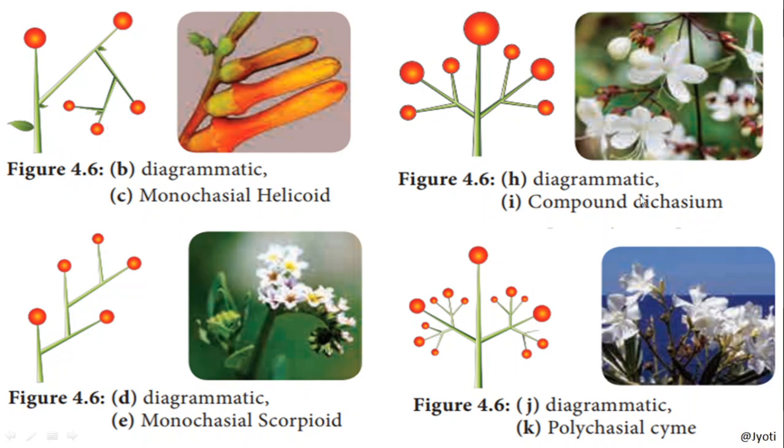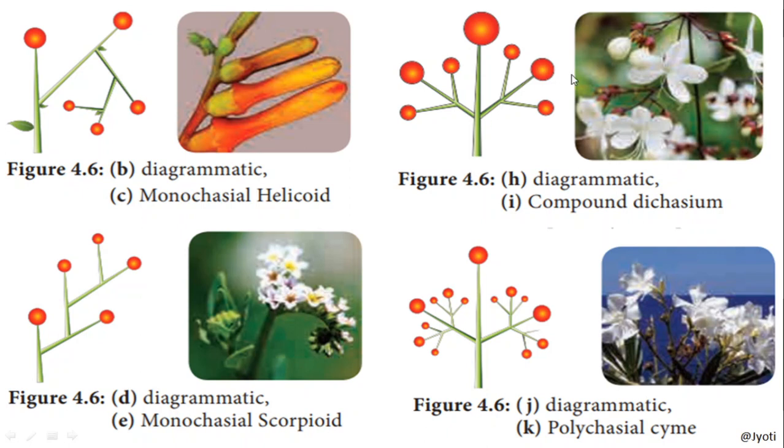But here in biparous cyme, otherwise known as dichasium, the main peduncle is terminated with a flower. The older flower is present at the center, but the younger flowers are developed on either side of the peduncle, the main axis.